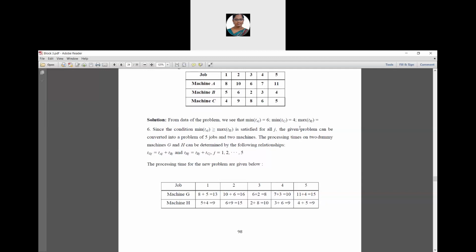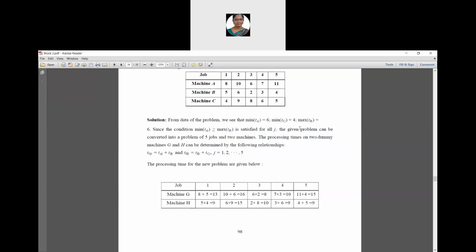So the condition, minimum A greater than or equal to maximum B: minimum of A is 6 and maximum of B is also 6, so it is greater than or equal to. Therefore, that condition is satisfied for all j. The given problem can be converted into a problem of 5 jobs and 2 machines.